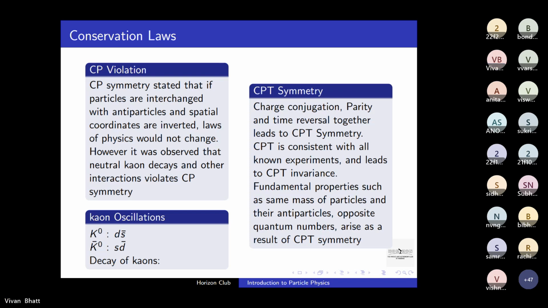Now, both of these particles exist in a mixed state, not as K0 and K0 bar, but as K0 long and K0 short. They have two different decays. It can either decay into 2 pions or 3 pions. It was expected that the short one would decay into 2 pions and the long one into 3 pions.